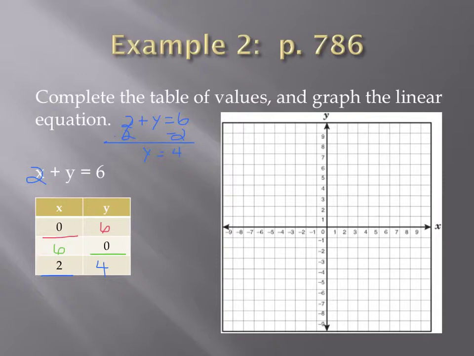Alright, so my ordered pairs are 0, 6, 6, 0, and 2, 4. So those are the points that I'm going to graph. So 0, 6, that means I have 0 on the x and then 6 up on the y-axis.